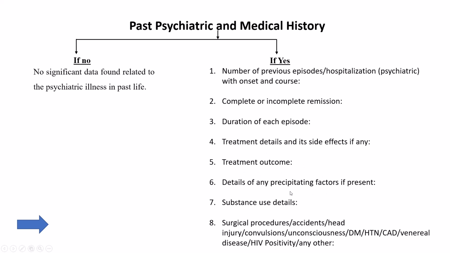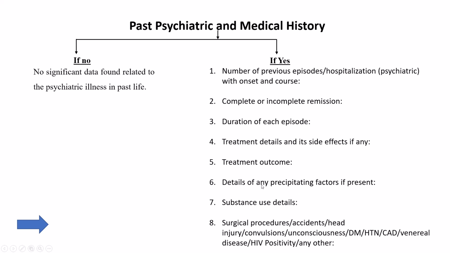Details of any precipitating factors, if present. I already said, after marriage one person becomes mad. So his precipitating factor may be family quarrels between the husband and wife. So that will be the precipitating factor.